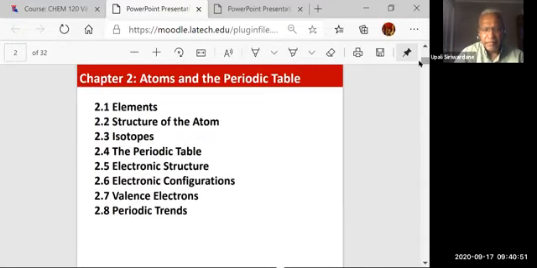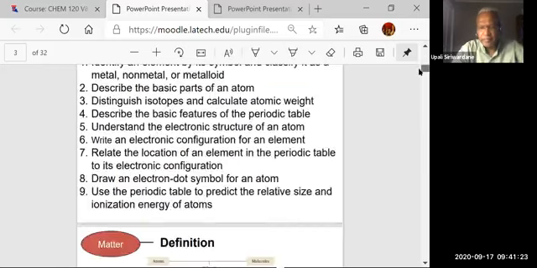What matters in atomic structure is valence electrons, the outermost electrons. They are the ones that make them react the way they do. For example, alkali metals have one valence electron. They all react with water to various degrees. Reactivity increases going down the group. And we're going to look at the periodic trends.